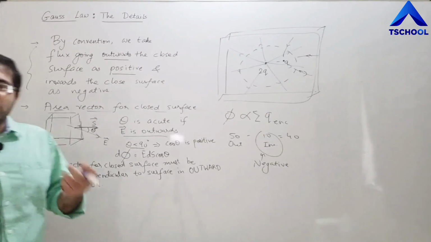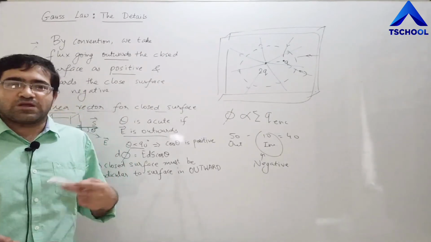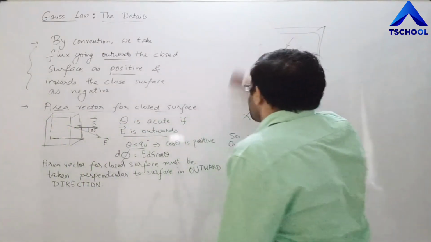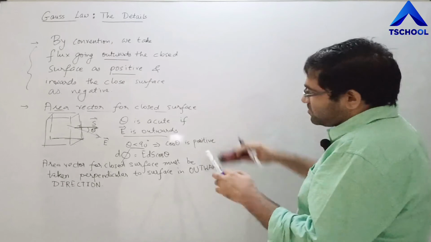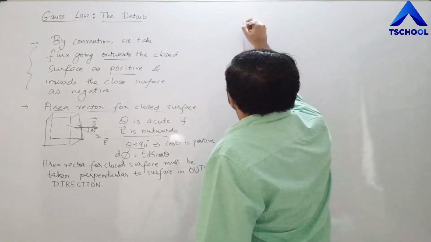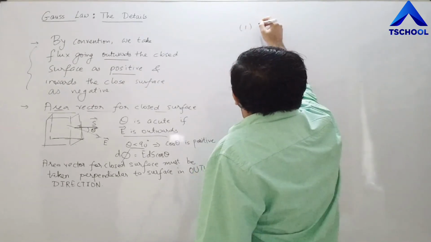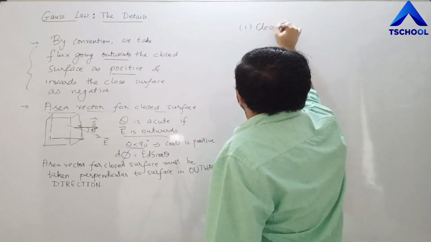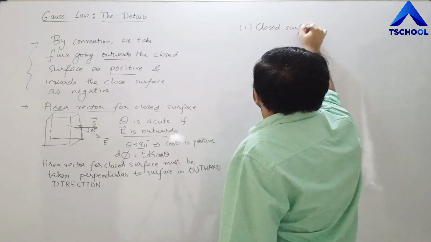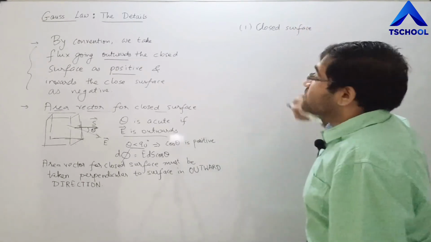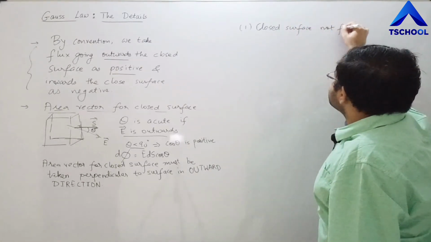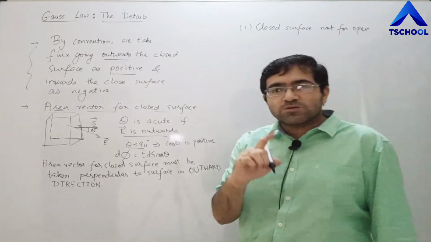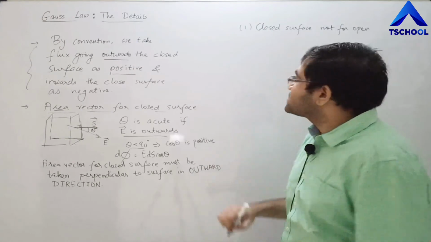Okay, so I'm going to sum up Gauss law. We have finished the discussion. Let's summarize what we have learned about Gauss law. Number 1, you can use Gauss law only for a closed surface, not for an open one.